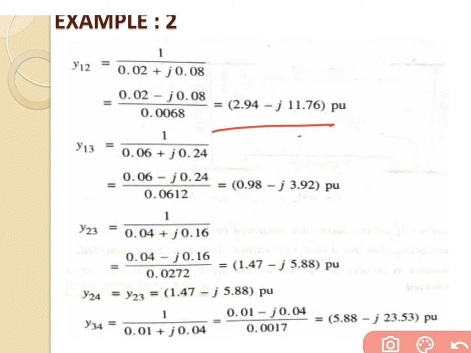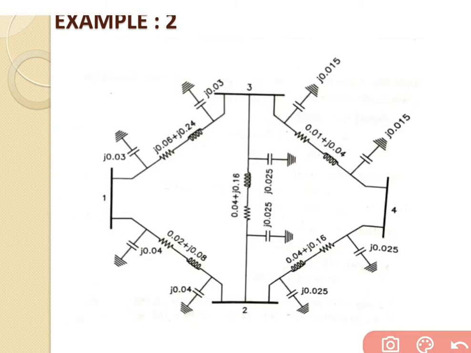Then we will go for the next one, that is Y13. Go to the figure for Y13. Y13 is connected over here, and the value of impedance is 0.06 + j0.24, as written from the table.